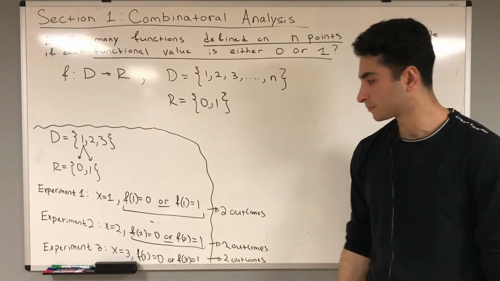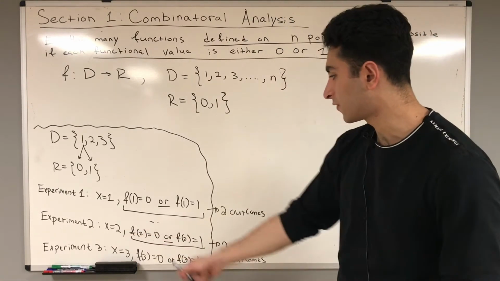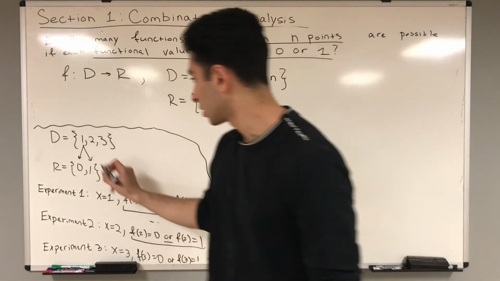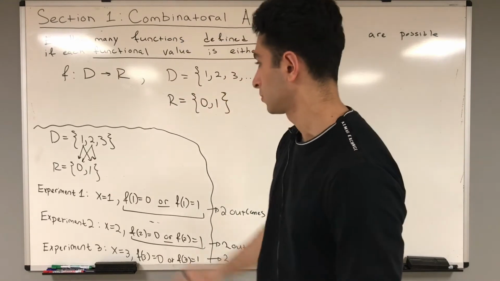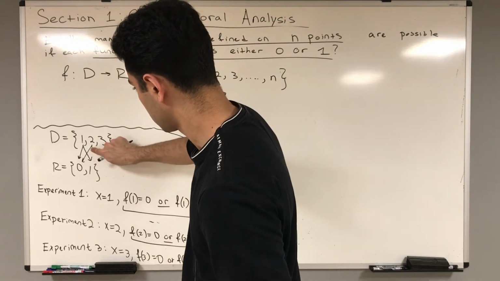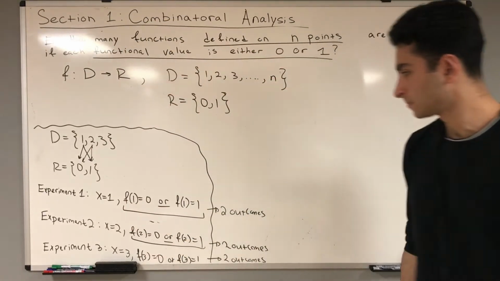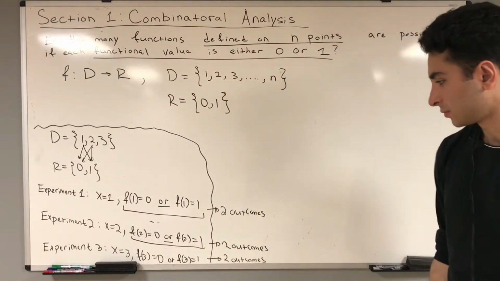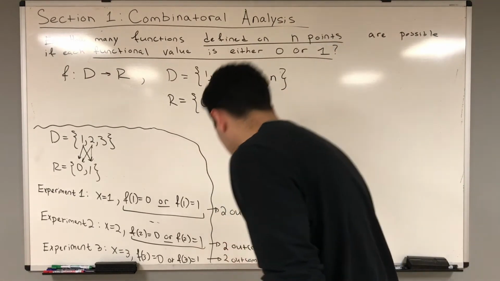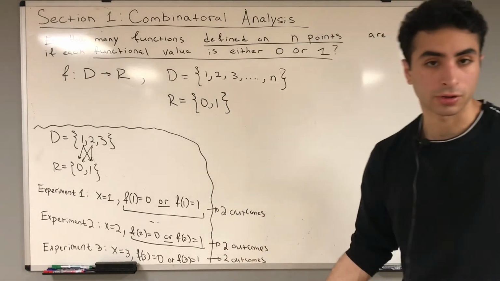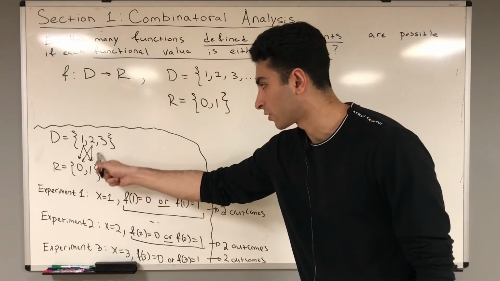Experiment 2 is when x equals 2 and f of 2 can equal 0 or 1, right? So you get 2 outcomes again. And same thing for experiment 3, right? You can also get 2 outcomes because the 3 maps to the 0 or the 3 maps to the 1.